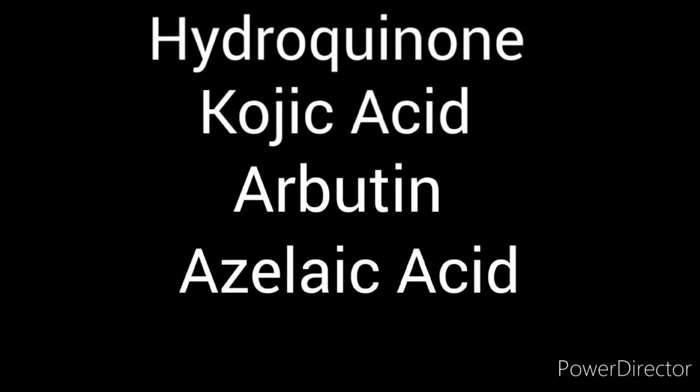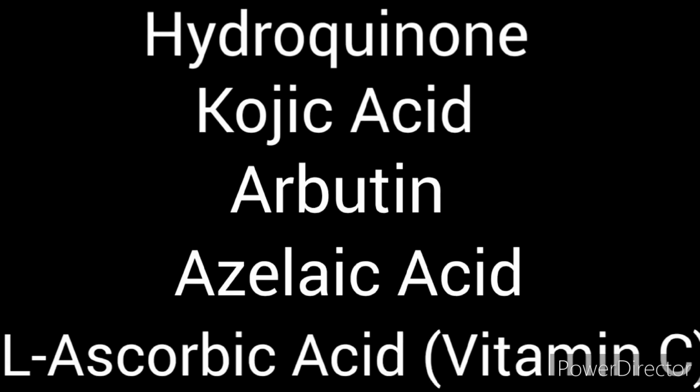The most popular of these ingredients are hydroquinone, kojic acid, arbutin, azelaic acid, and L-ascorbic acid, better known as vitamin C. All of these are tyrosinase enzyme suppressors or inhibitors, so it prevents the formation of new pigment.